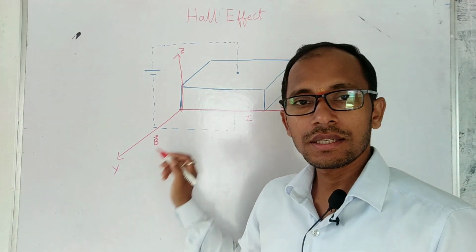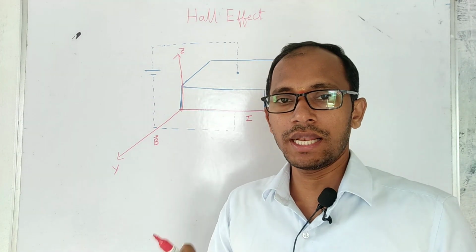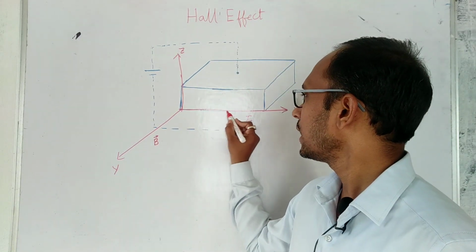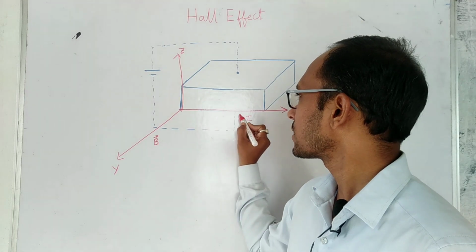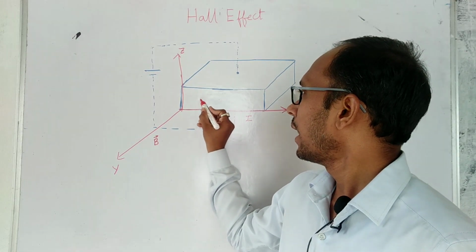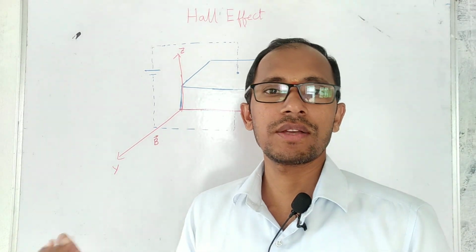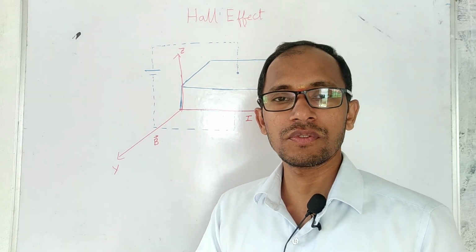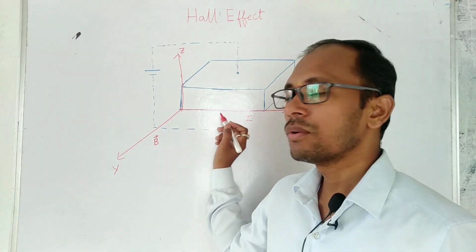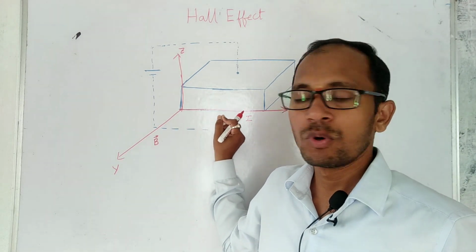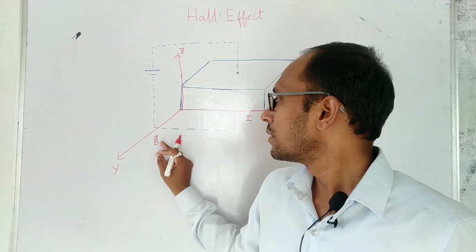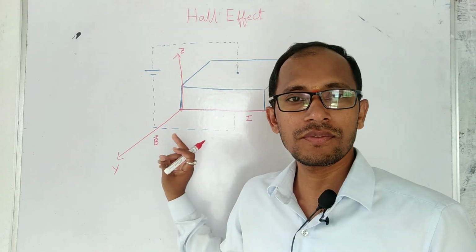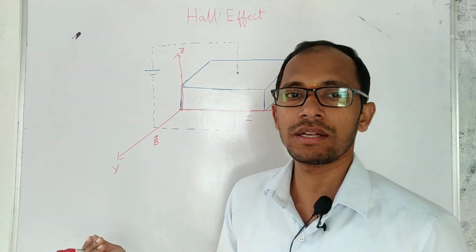If it is a conductor, we have free electrons. Because of the current, the electrons are moving with some velocity, which is the drift velocity. Now the charge carrier is moving, and if we keep it in an external magnetic field, there is a force acting on it.